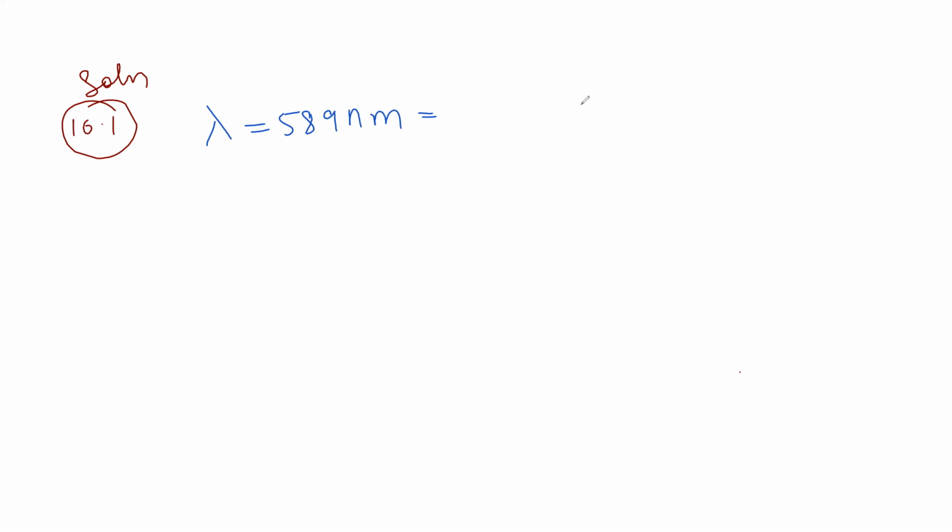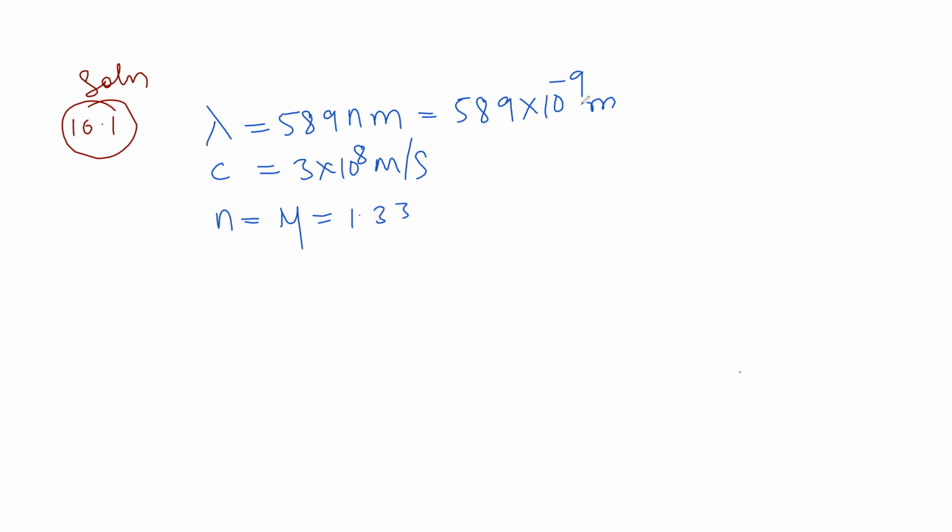If we convert into meter, it becomes 589 into 10 to the power of minus 9 meter. And they have given speed of light c is equal to 3 into 10 to the power of 8 meter per second. And they have given refractive index, which you can represent in terms of n or mu. Both symbols are used to represent refractive index, 1.33.